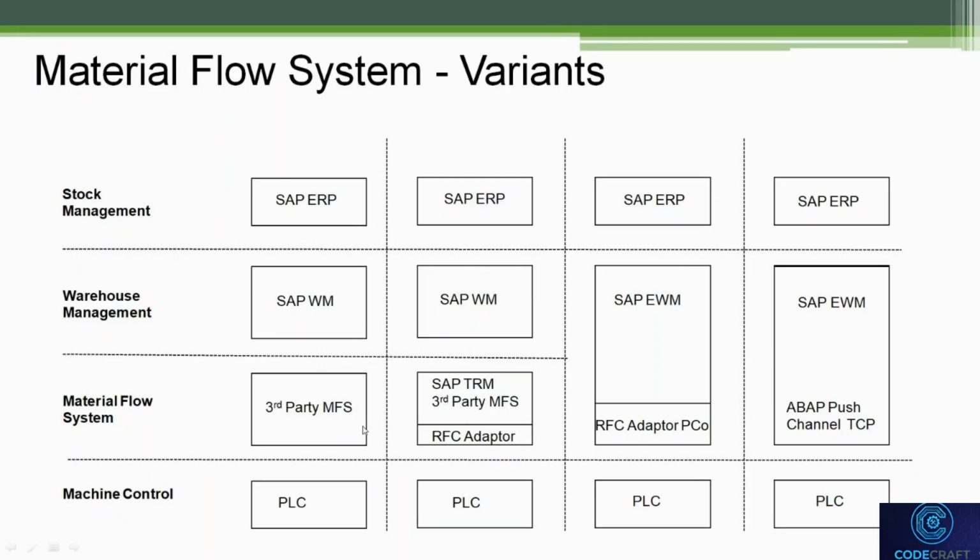Then SAP started its own middleware with an adapter, so we still needed an adapter. Then SAP with EWM took away that third-party MFS and brought it into EWM, but we still needed an adapter. Adapter means you needed an installation on NetWeaver so that you could send a message to PLCs outside of SAP. But now with ABAP push channel, you can directly send a message to a PLC IP.